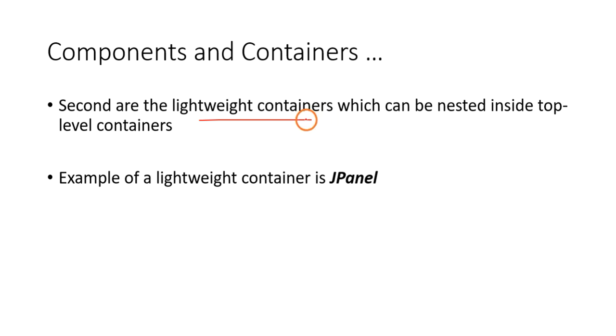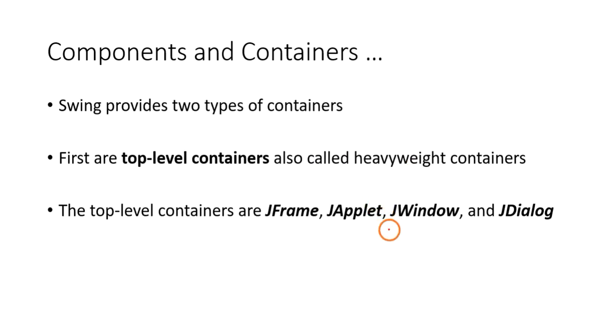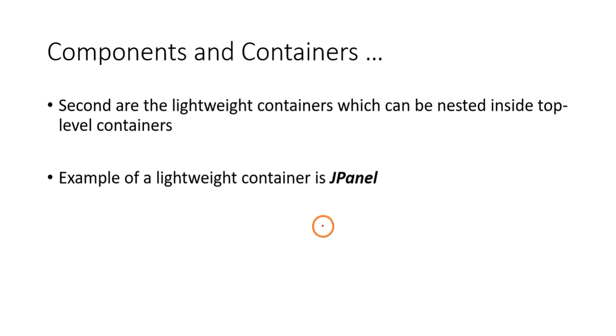Lightweight containers are always placed inside one of the top level containers. An example of a lightweight container is JPanel. For example, you can create a top level container JFrame, and inside that you can place another container called JPanel.